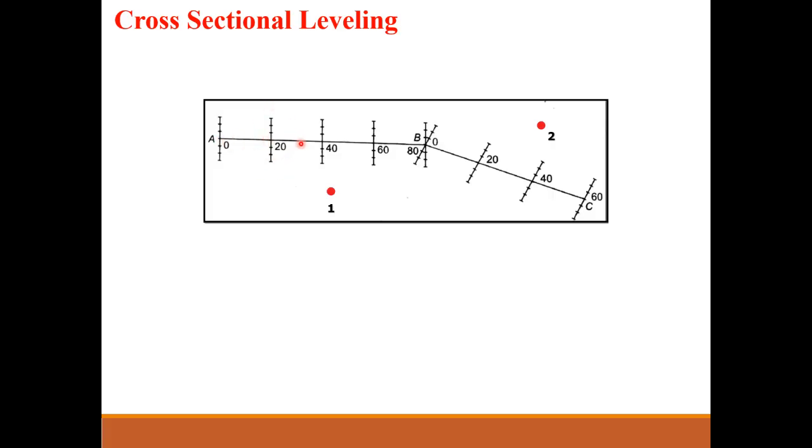Okay, this is the center line, the longitudinal line. Here you can see the dashed portions are indicating that you hold the staff at all the dashed portions one by one and take the readings and calculate the reduced levels of all these dashed portions.